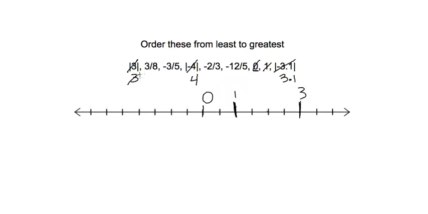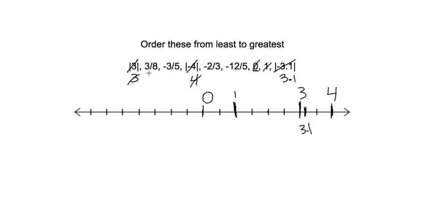So we can cross this one out as well. 3.1 isn't a whole number, but we know it's going to be right next to 3 here. So we can label this one as 3.1. Then our last positive number here that is a whole number is going to be 4, which would be right here.